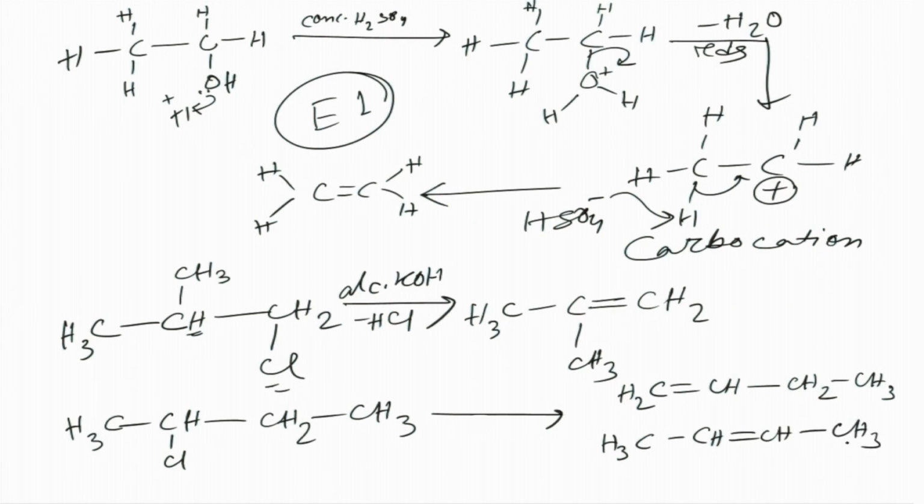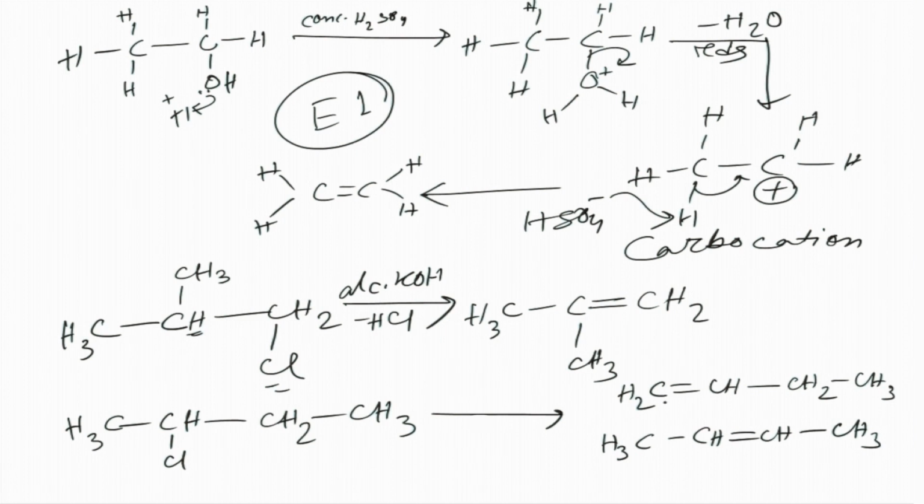We studied in the last class that according to the Saytzeff rule, the more substituted alkene is formed, that is, the product where the double bonded carbons have the maximum number of alkyl groups bonded to them.